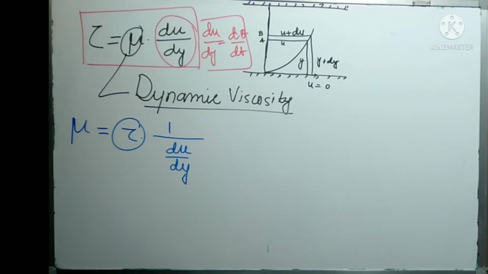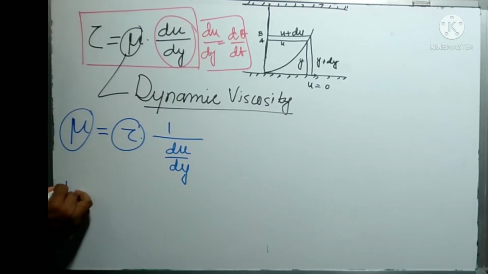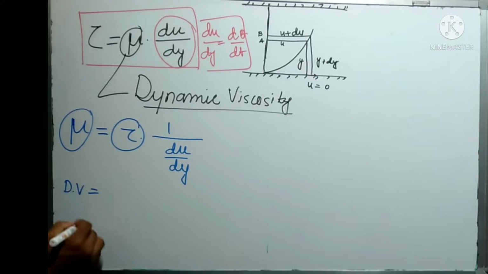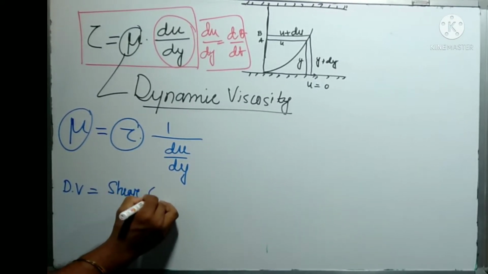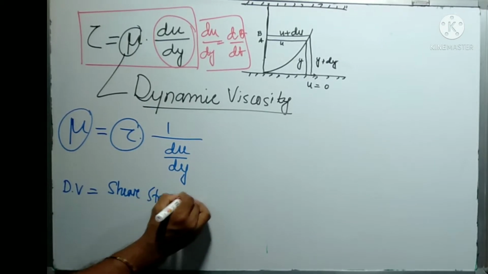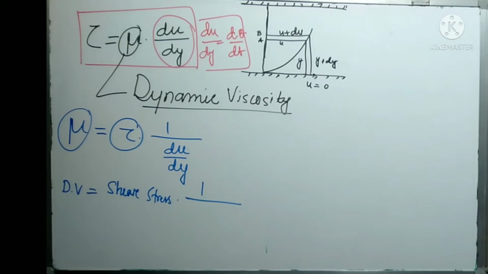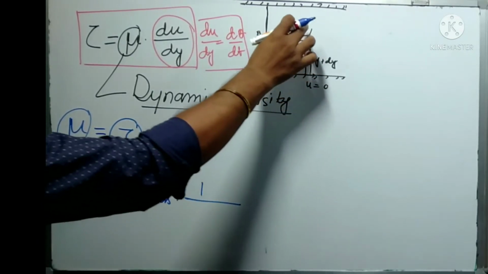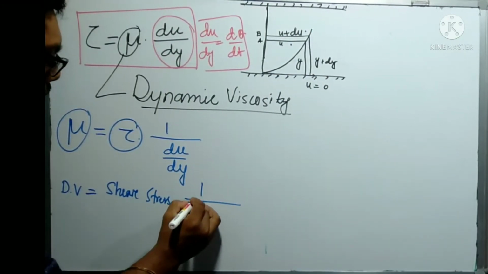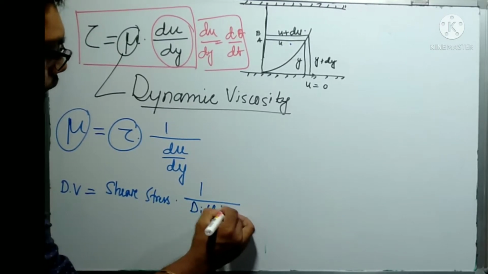Tau is known as shear stress. So, we can write dynamic viscosity is equal to tau, that means shear stress, into 1 by del u by del y. What is del u? Del u is the difference in velocity, u and u plus del u.